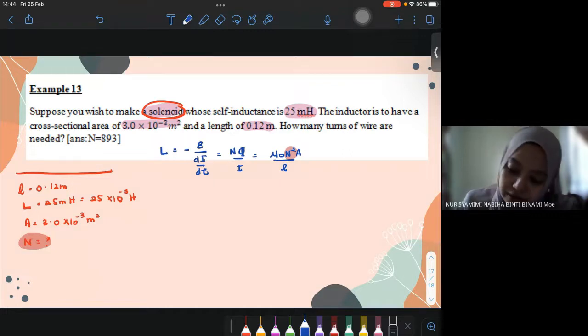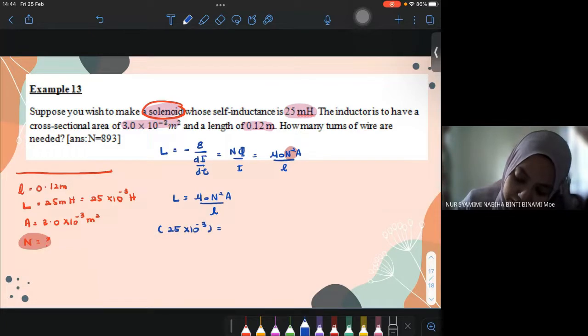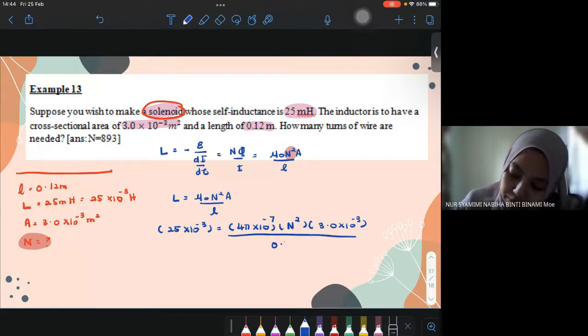Okay, so L equals to mu naught N square A over l. So L is given, 25 times 10 exponent negative 3. Mu naught ialah 4 pi exponent negative 7. It is N square. Okay, so area is given 3 exponent negative 3 divided by the length 0.12.